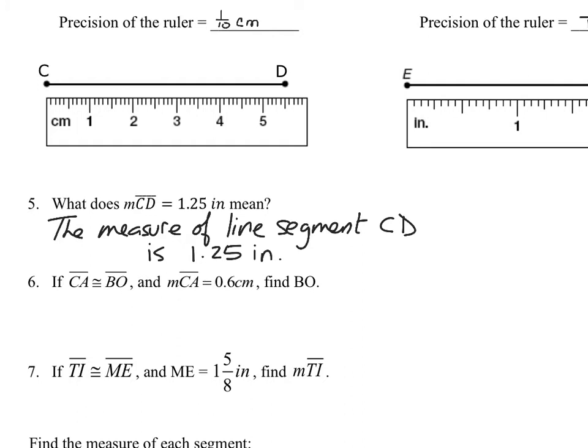So in number 6, you see that little equal sign with the tilde over it? That's a funny looking symbol. That stands for congruent. Congruent means geometrically equal.